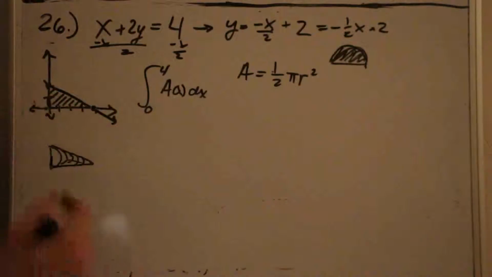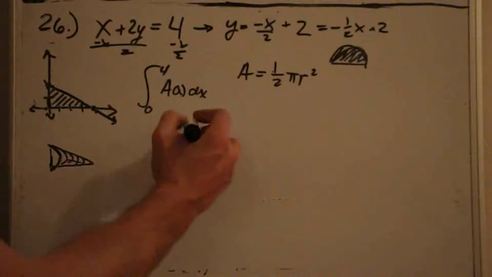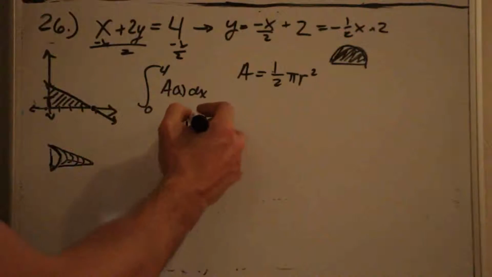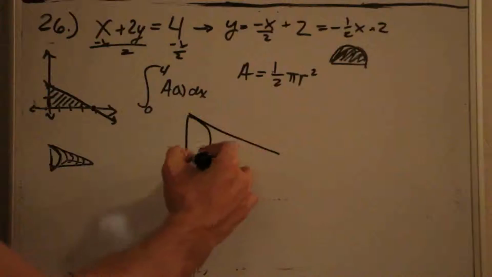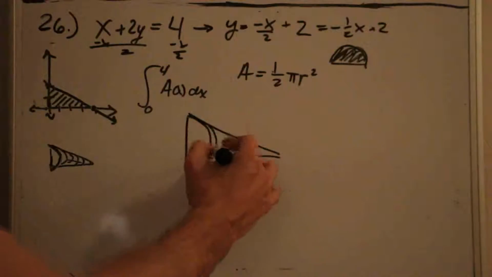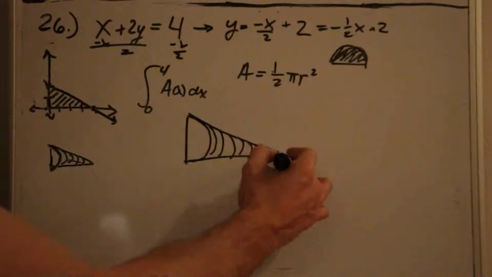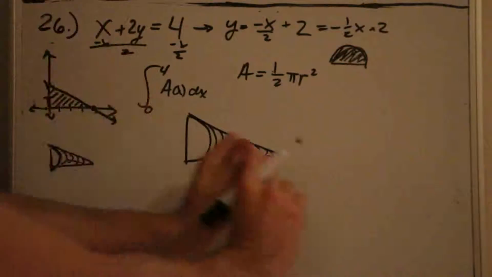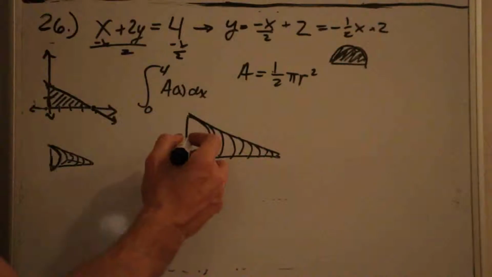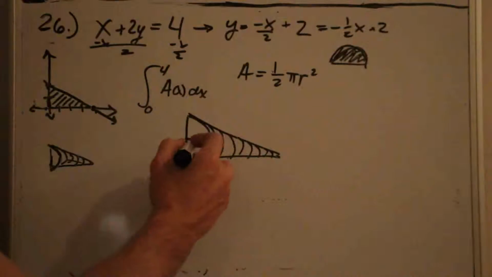It goes down like that. Each one is a semicircle. I hope you guys can see that more clearly. I'll draw a bigger picture. Here's the region, and it's like a semicircle here, and that's the region going down, and it's semicircles. So it's like a cone type of thing, where it's getting narrower and narrower. And so here's the radius.